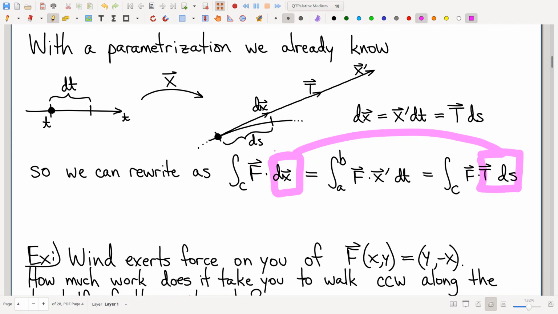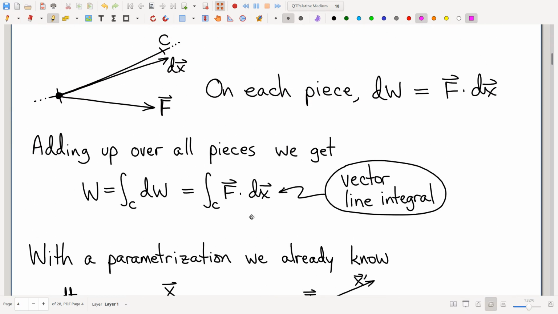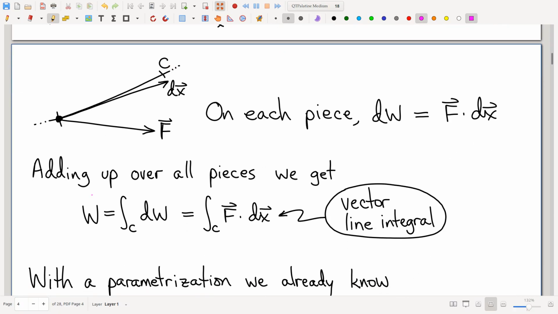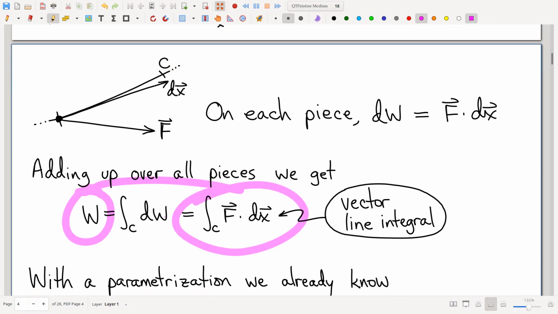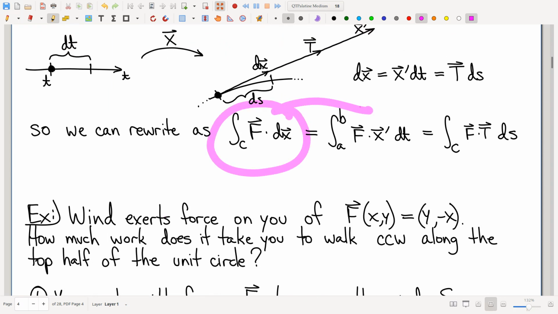Okay. All right, so let's do an example, and then we'll have much more to say, of course, but it's always good to get one under our belts. Reminder, work is the vector line integral, and vector line integrals are computed by way of this formula, which depends, you see right there, very critically on our parameterization.